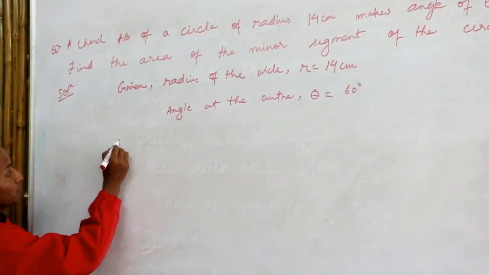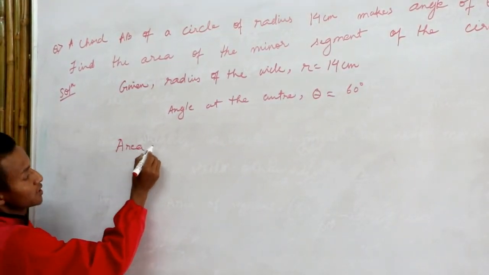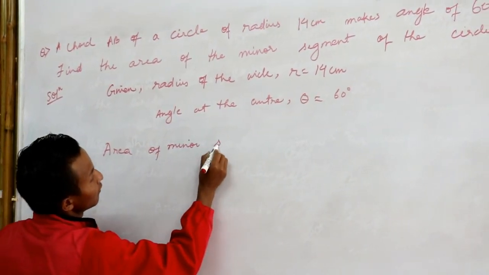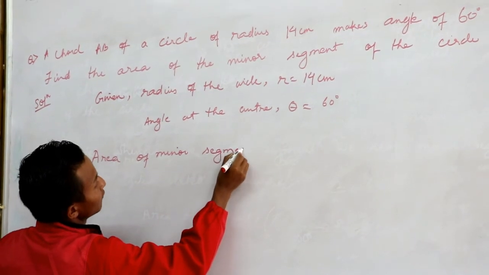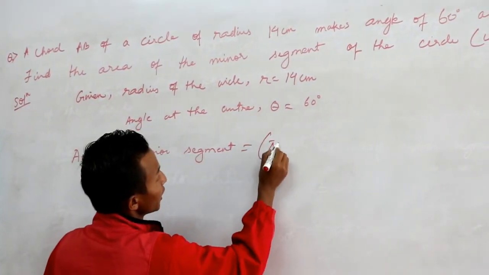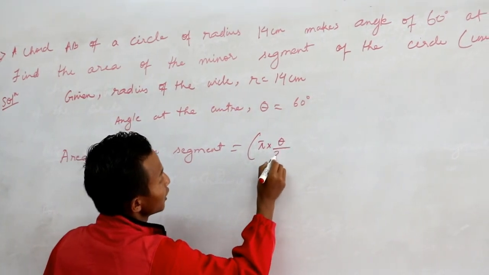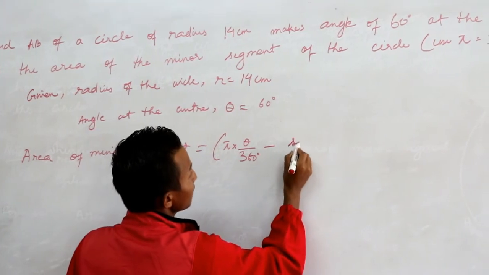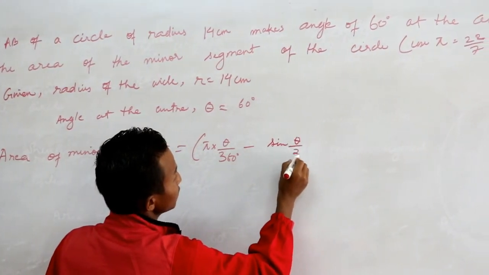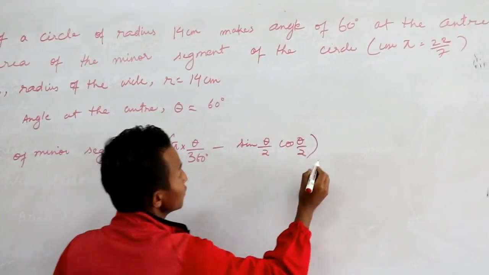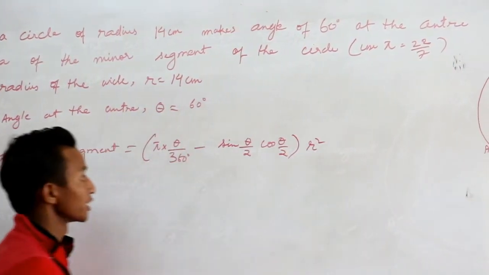Now let's find out the area of the minor segment, which is equal to pi into theta by 360 degree minus sine theta by 2 into cos theta by 2, into r square.